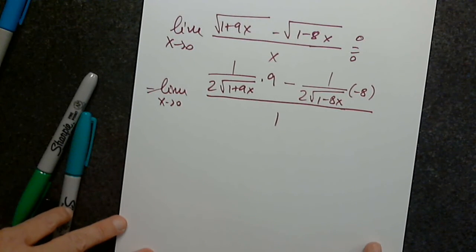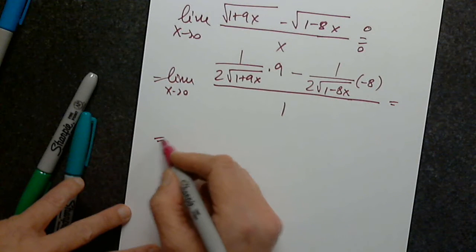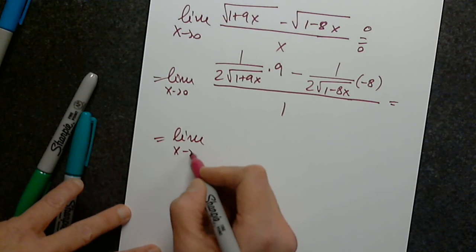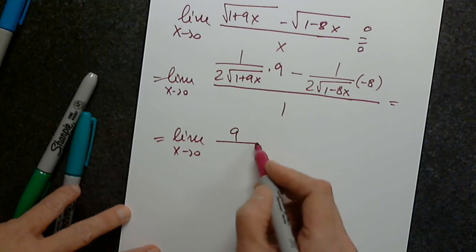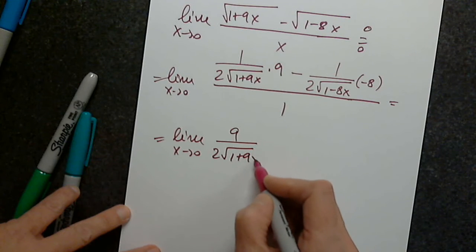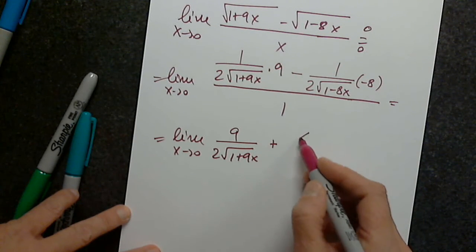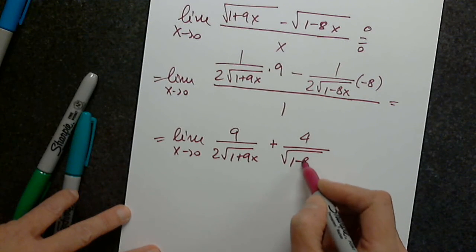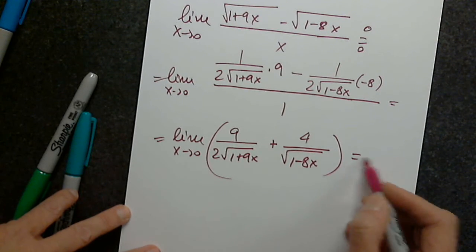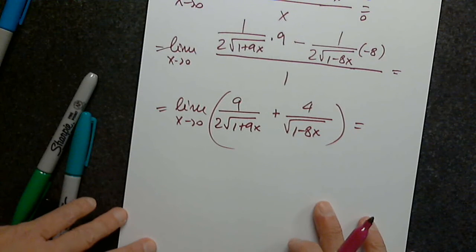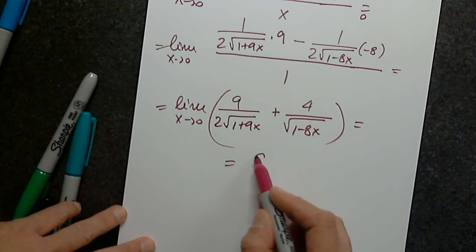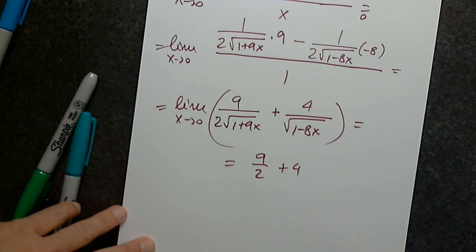I don't have anything against this. So then we have limit as x approaches 0 of 9 over 2 the square root of 1 plus 9x plus 4 over the square root of 1 minus 8x. Yep, it's quite all right. So this is 9 over 2 plus 4.